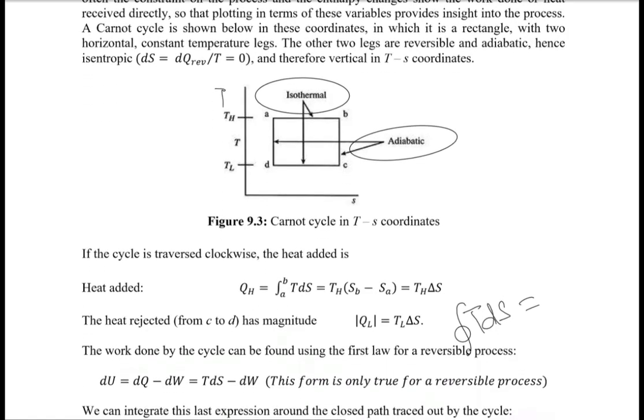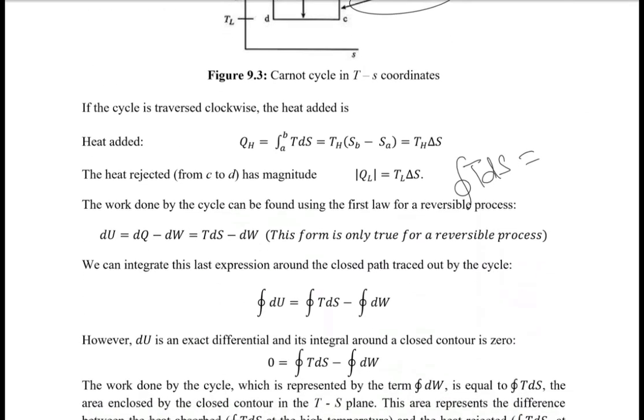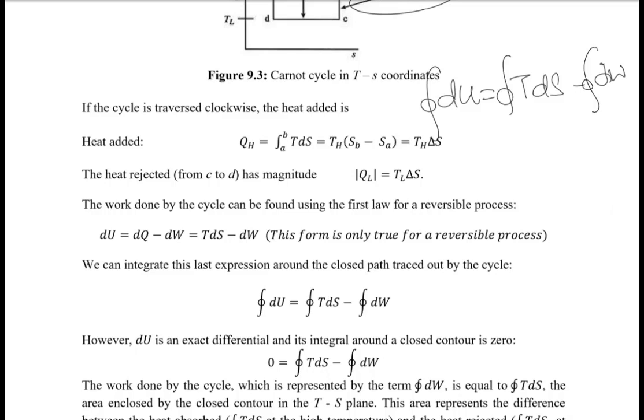Now, looking at the cycle itself and at the first law of thermodynamics, let me write the first law of thermodynamics, which is dU equal to TdS minus dW. As we are considering a cyclic process, the Carnot cycle, let me write down the cyclic integral. For a cyclic process, the change in the internal energy, which is a state property, would be equal to zero, as there would be no change between the initial and the final state of the system.